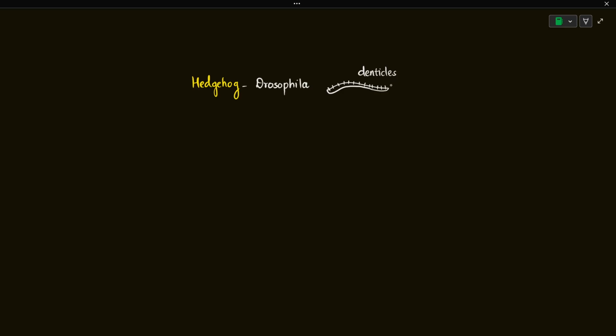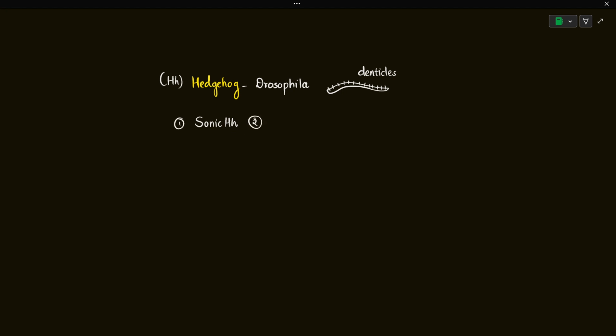So there are different types of hedgehog proteins that can be seen in vertebrates. The types of hedgehog proteins seen in vertebrates are Sonic hedgehog. Hedgehog can be abbreviated as capital H, small h. So Sonic hedgehog.